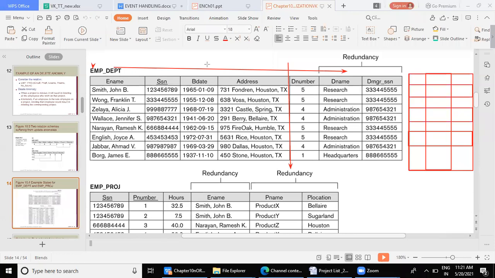How many departments do you have in this particular table? Only 3 or 4. So here it is going to be name, which I will just write as NM. And the last column is about the manager, so I'll just write MGR.